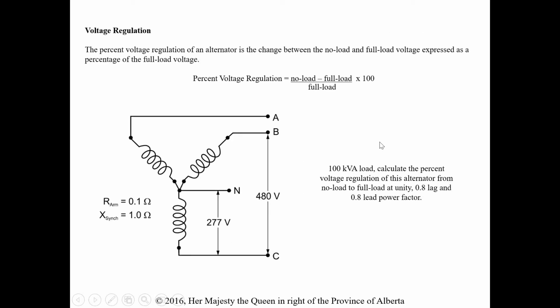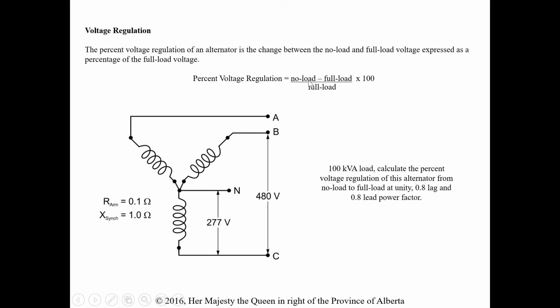Okay, and then we talk about voltage regulation. We talked about speed regulation. It's literally the same formula, it's just now we're talking about voltage regulation. So no load minus full load, over full load, times 100, is going to give us that percent.